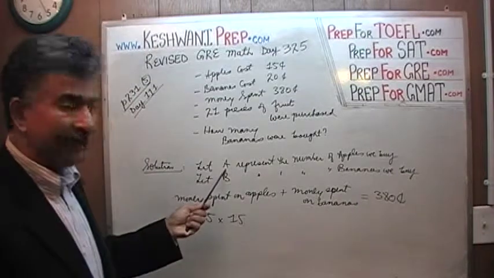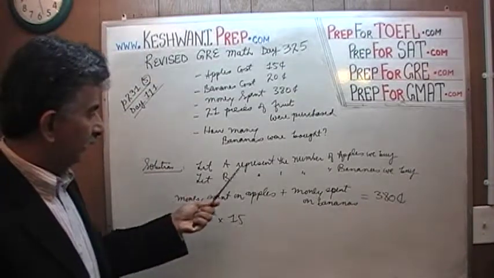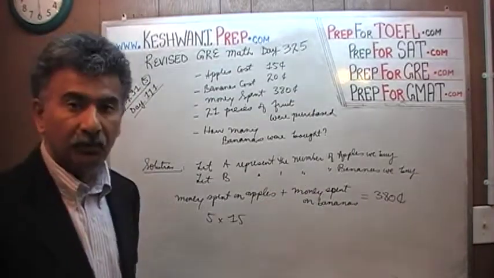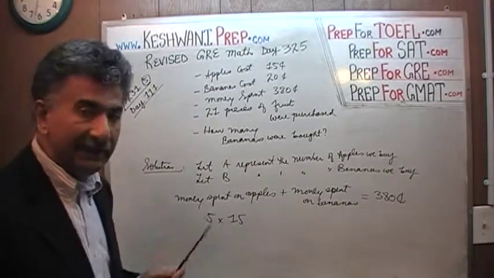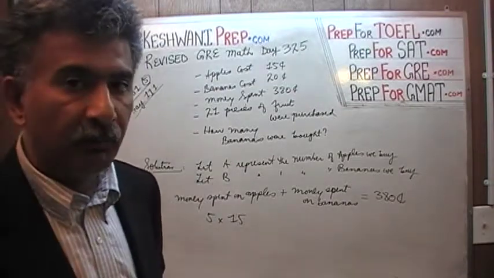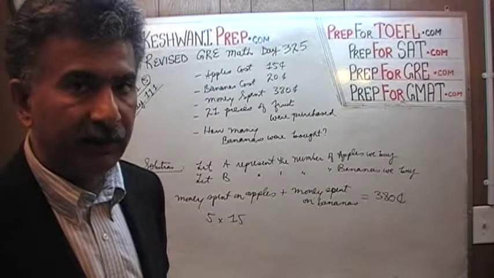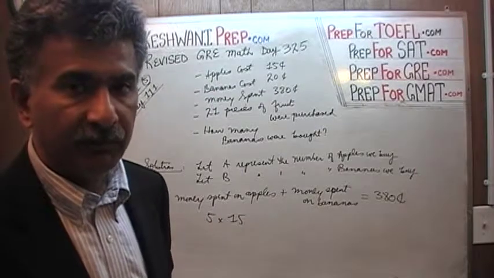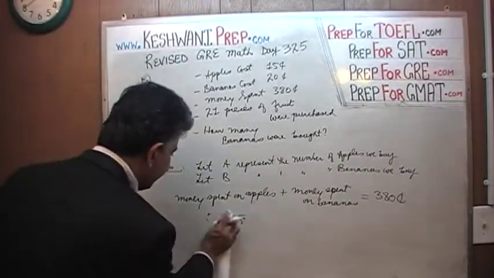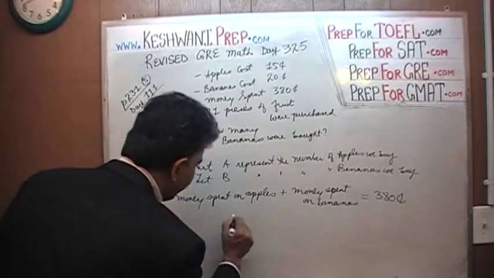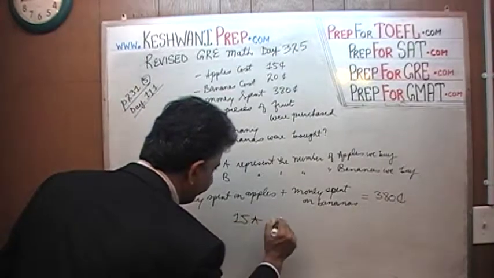Let A represent the number of apples we purchase. Then the total money for A apples is 15 times A. Voila! Money spent on apples is 15 times A.